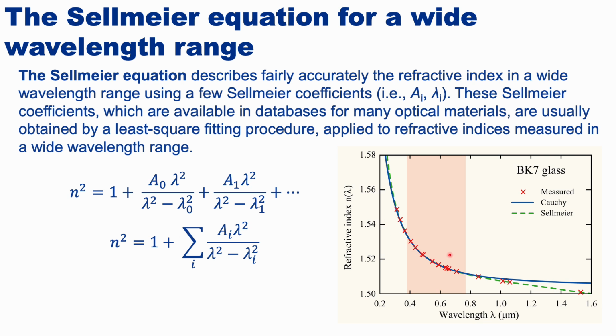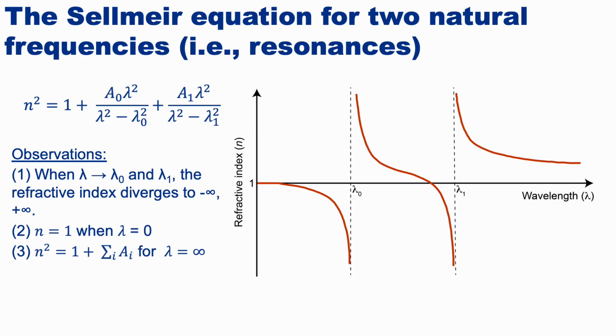In the visible range, if the medium has normal dispersion, the agreement between the Cauchy and the Sellmeier is really good. But as the wavelength increases, the Cauchy gets less accurate, and the Sellmeier equation is more accurate.